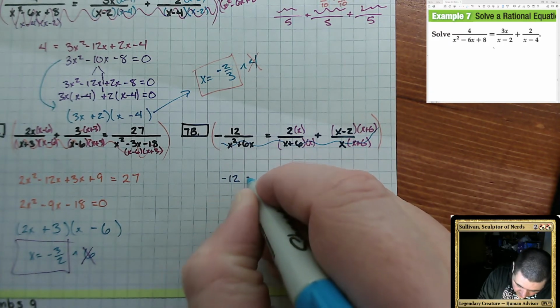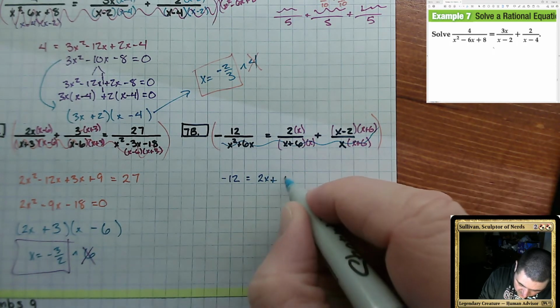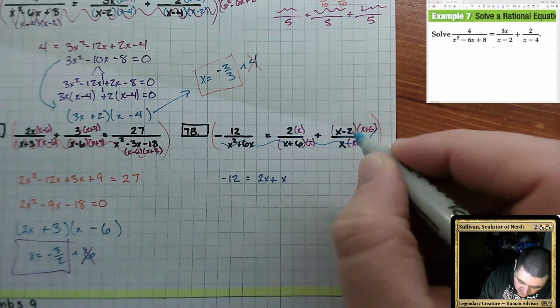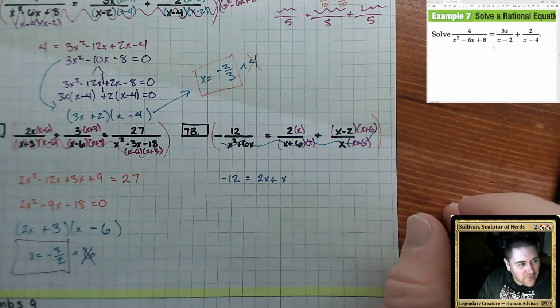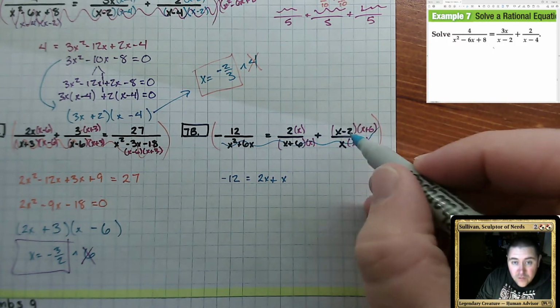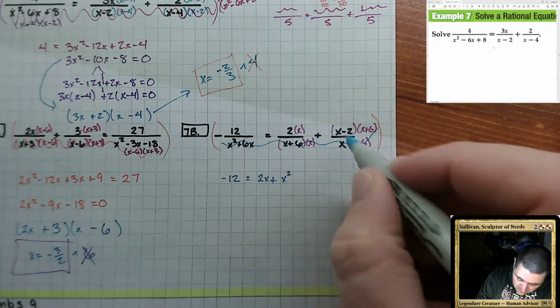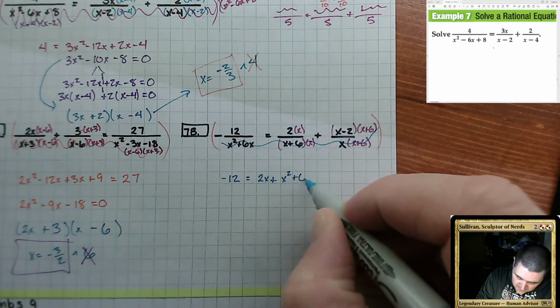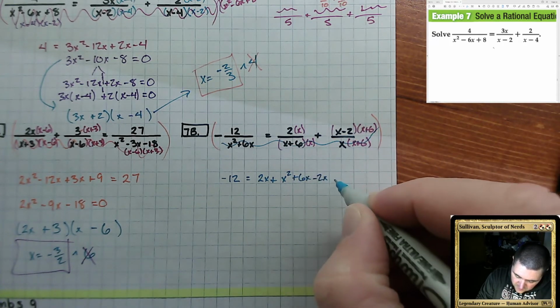Negative 12 is 2x plus distribute, FOIL, whatever you want to call it: x squared, x times 6, 6x, negative 2 times x, negative 2 times 6.